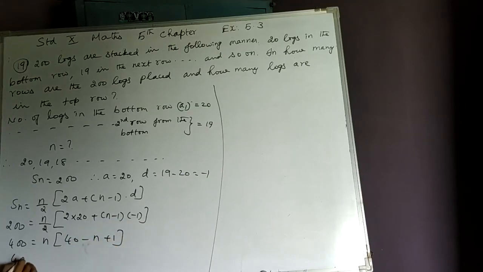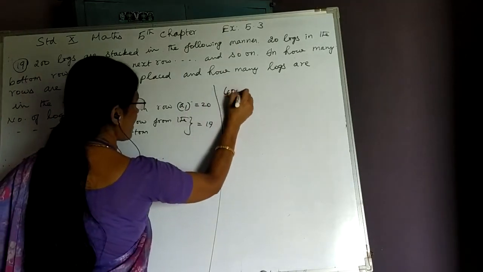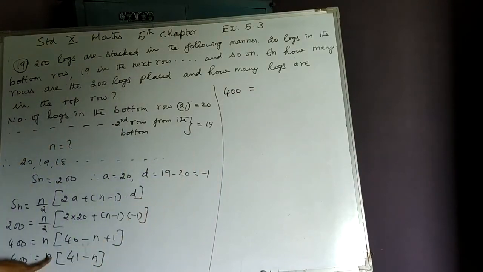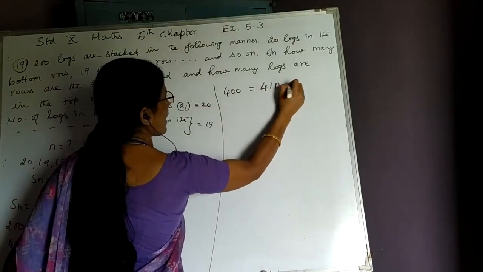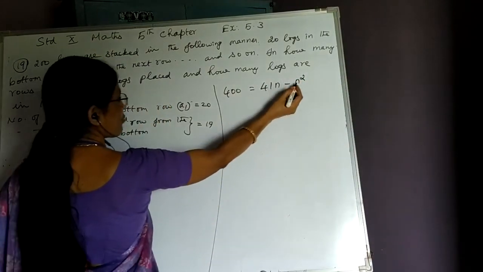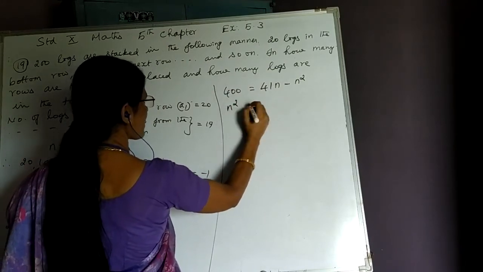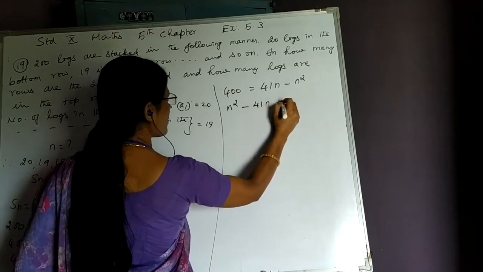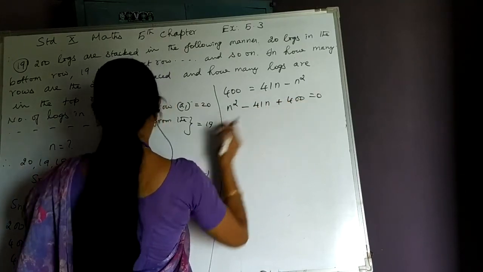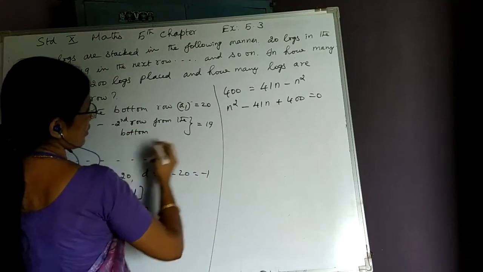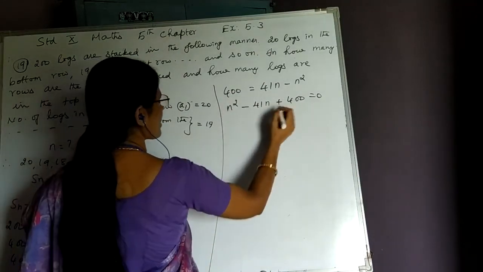So it is 400 equal to n, 41 minus n. So we get here 400 is equal to 41n minus n square. So I frame a quadratic equation. N square comes here as plus, minus 41n plus 400 is equal to 0.